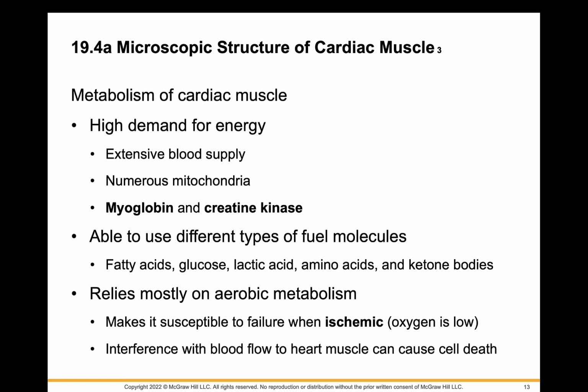But keep in mind that generally we're looking at aerobic metabolism. And so this becomes an issue because there may be ischemia, okay, when oxygen is low. And once again, we already addressed the fact that if there is an interference of blood flow to the heart muscle, this can cause cell death or an infarct.